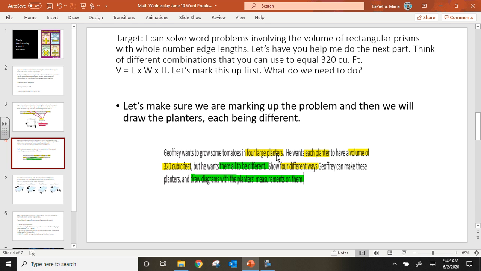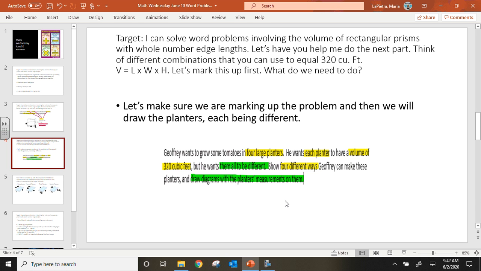So I highlighted that, 4 large planters. He wants each planter, so each planter has to have a volume of 320 cubic feet. But he wants them all to be different, 4 different ways. And when you do this, he wants you to draw a diagram with each planter and measurements on them.